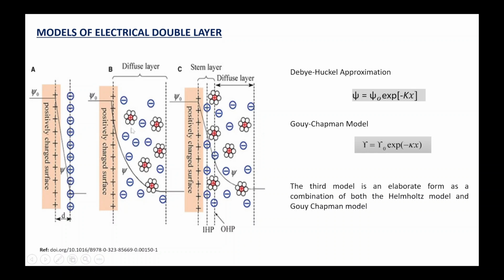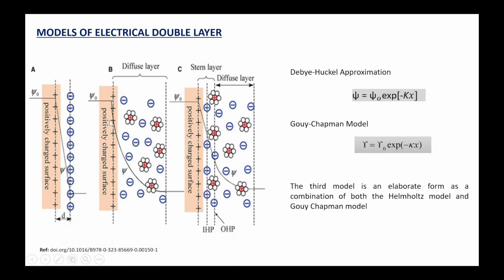There we saw how the ions near the vicinity of the positively charged surface are not exactly attached to the surface, but are present near it, and due to thermal energy they exhibit their own diffusive motion.